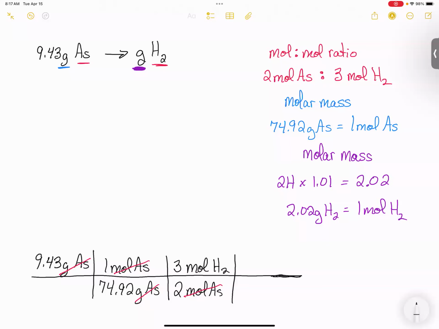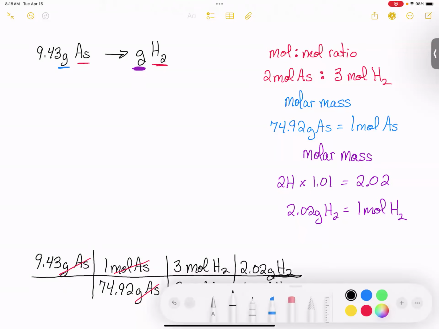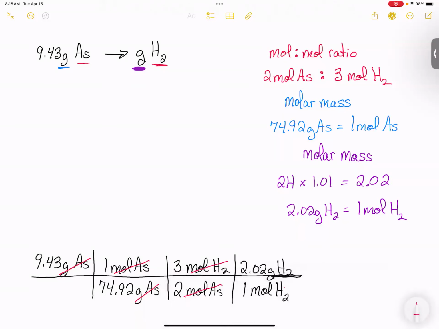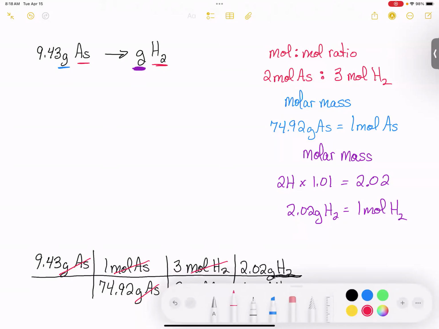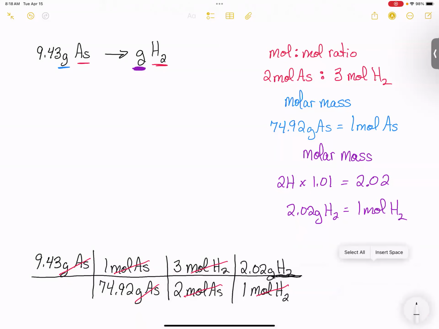So now I'm going to use the molar mass of hydrogen to convert that into grams of hydrogen. The mole portion will go into the denominator with the mass portion in the numerator. We place the mole portion in the denominator, so again that the unit and the substance would cancel out, leaving us mass of hydrogen. Because we have the unit we want, we are now ready to solve this problem.